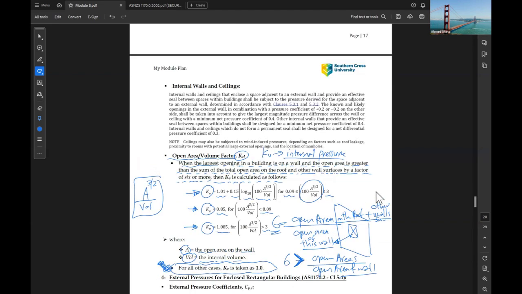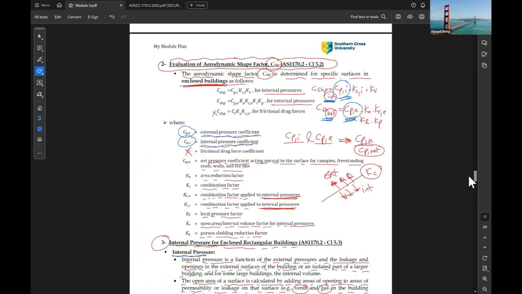Okay, so now if we return back to C shape internal, for C shape internal, we know CBI from the table, KV from the last discussed parameter, or it can be taken as 1, and then we need to know KCI. KCI and KCE are related, so we'll discuss them together.